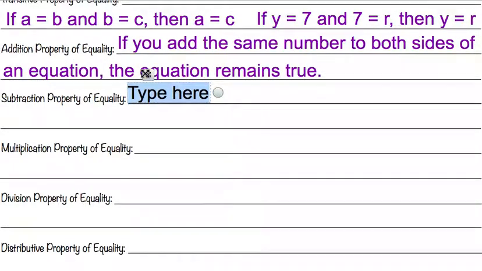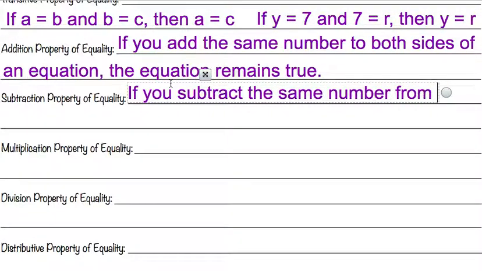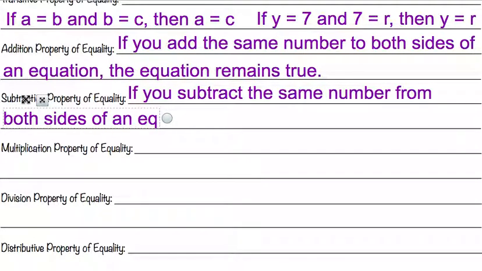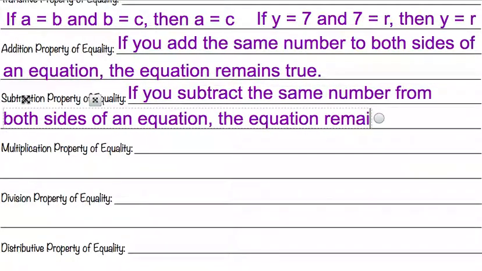So remember that saying in algebra class, whatever you do to one side of an equation, you have to do to the other. This is basically stating that if you add something to both sides of an equation, that's called the addition property. Okay, so subtraction is if you subtract the same number from both sides of an equation, the equation remains true.